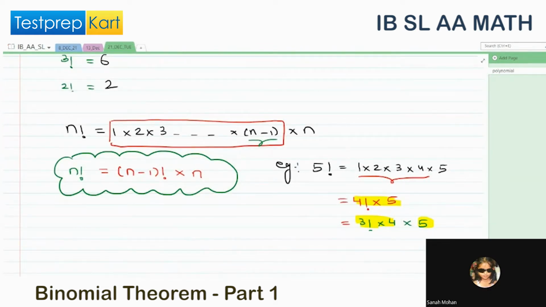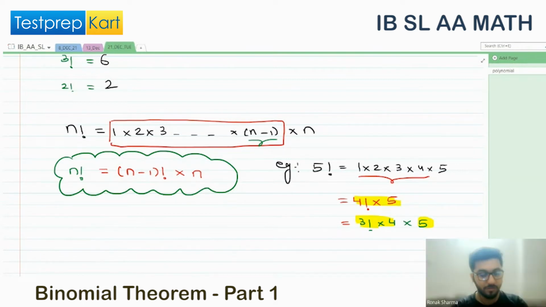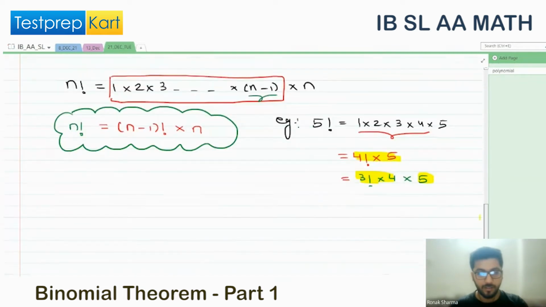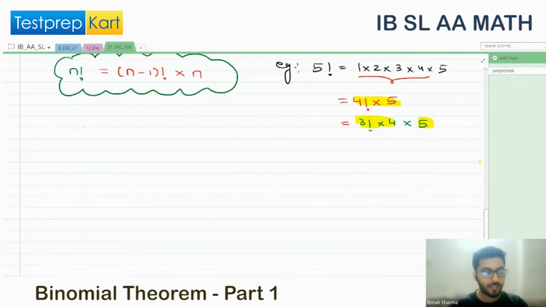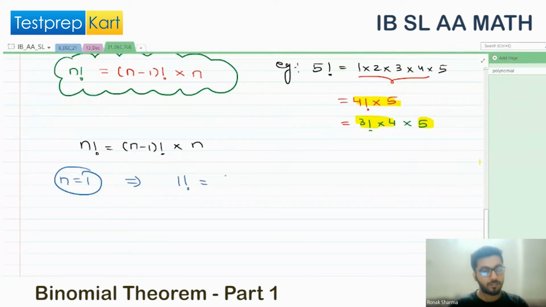Done? Okay, now let us go for the next thing, a few more properties of factorial. Now we know one thing that n factorial is n minus 1 factorial into n. Now if I put n equal to 1 here, what will it become? 1 factorial equals 1 minus 1 factorial into 1.